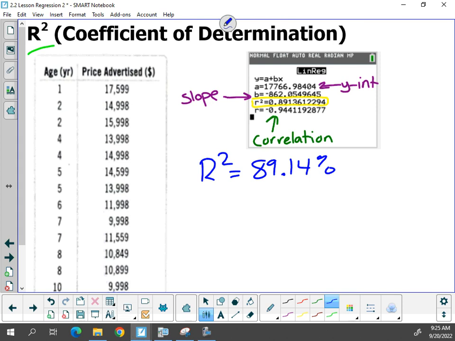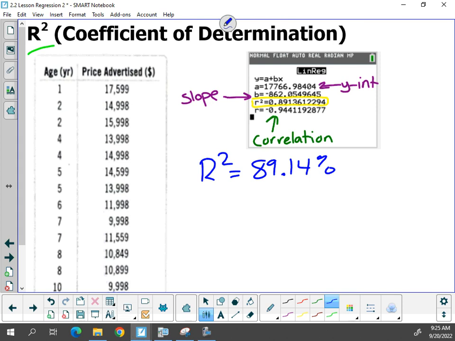And this is a value that lets us know how much of the variation in the price for these Toyotas. Remember, we're talking about Toyotas, 250 miles from Redlands, California. How old they are and how much they're listed for. This 89.14% tells us how much of the variation in price that you would see.